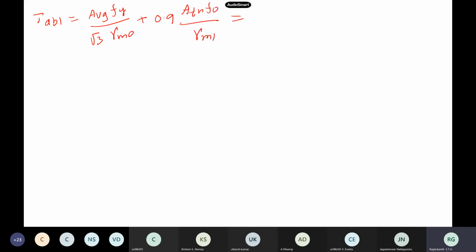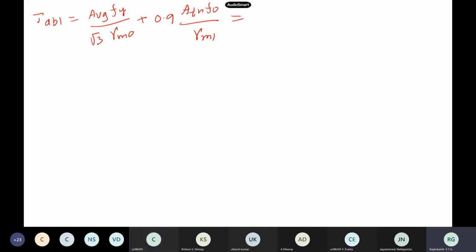So what is the philosophy of this formula? What is happening in this formula? Which plane is yielding? Which plane is shear? Which plane is tension? So the first one is shear and the second one is tension, the net tension kind of a thing.